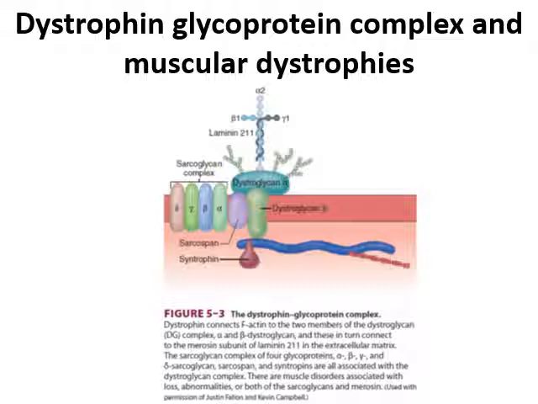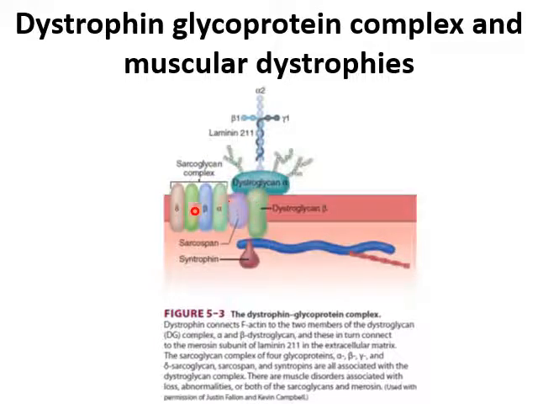Here you can see this dystrophin glycoprotein complex consists of dystrophin, this rod-like, blue colored protein called dystrophin, which is attached to dystroglycan, beta and alpha, which is again attached to another protein, that is merosin.